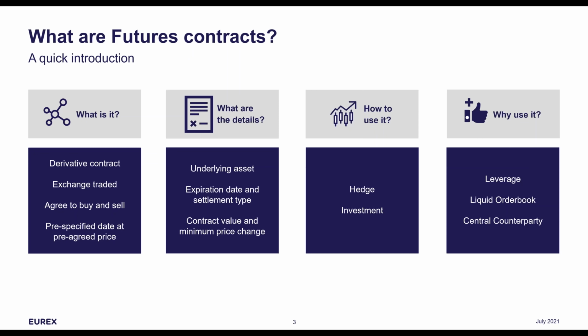The exchange has hundreds of futures, but for the micro futures, we have a reduced value and a reduced contract size, which makes this product, and we come to it in more detail later, interesting for private investors.